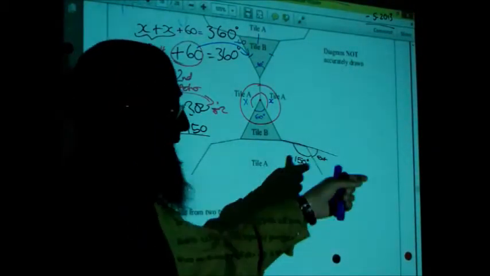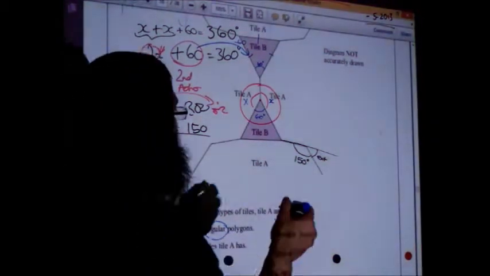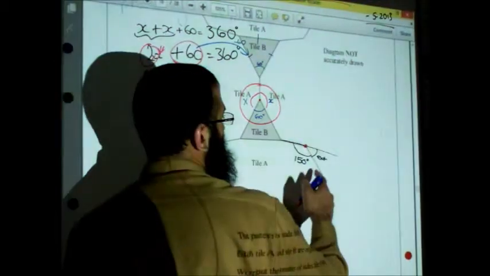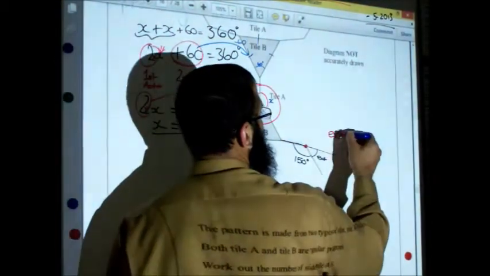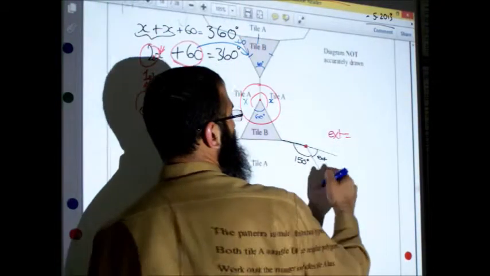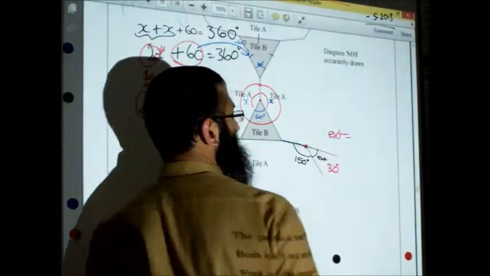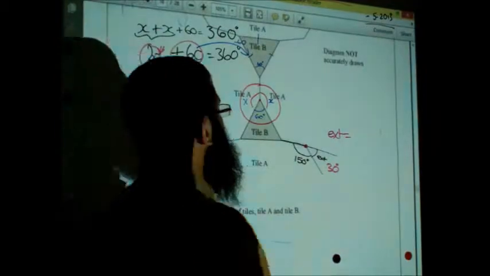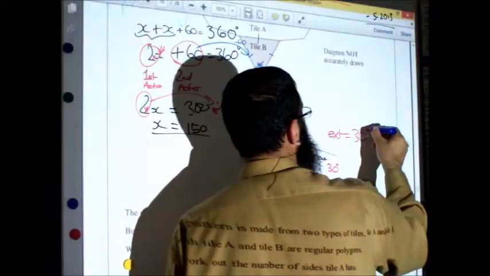Internal angle plus external angle add to 180, that's the property of the line here. So we know that the external angle is 150 add a number gives you 180, which is 30 degrees. Bit of mental maths, 30 degrees. So the external angle is 30 degrees.